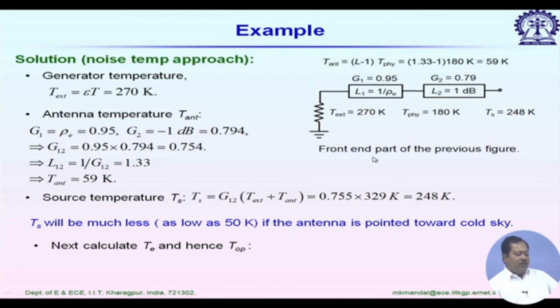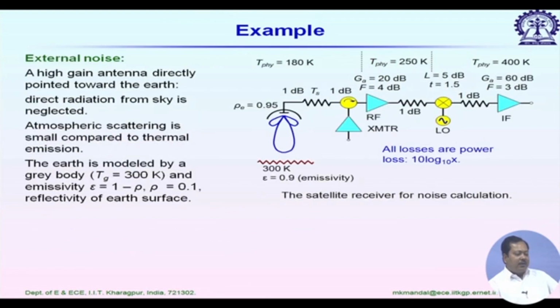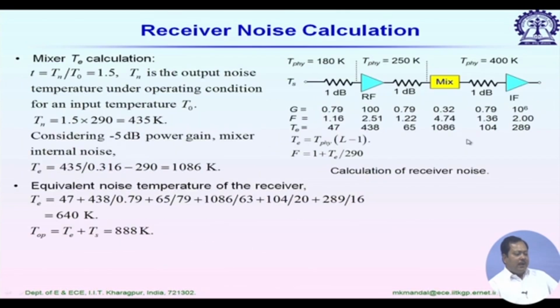Next part, we have to calculate TE and hence T operating. So we have to consider the contribution due to the LNA, then the connecting section, mixer, connecting section, and then the IF amplifier. Oh, before that we have the circulator also.